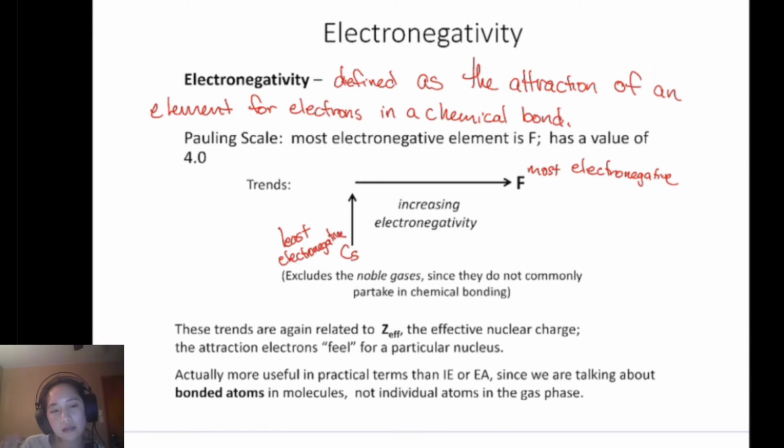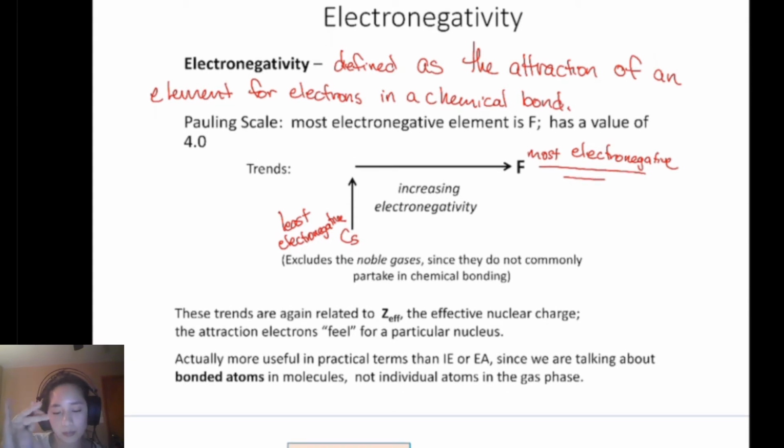So this really relates directly with electron affinity. Fluorine is the most likely to have electrons near it, while cesium is the least likely to have electrons being added to it. So with this, we use the Pauling scale. It's just a number. In this case, fluorine we define as the most electronegative, with a value of 4.0.